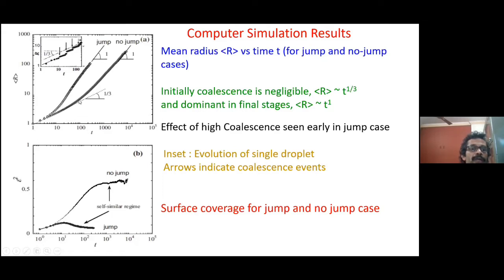Otherwise, initially it is T⁻⁴, and then after an intermediate time it goes to the final thing, that is T⁻⁴. But when the droplets are jumping, the interaction is beyond just 2 times the radius. So it jumps, and it can cause many coalescence events, so the growth is quite fast.